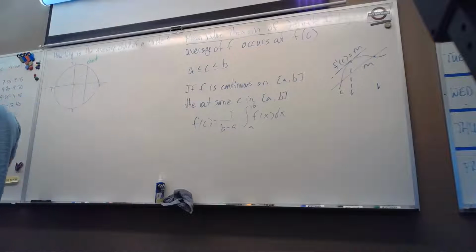You might have seen the word chord before in geometry, depending on how far you got in your geometry class and who taught you. But a chord of a circle is just a line that runs from one point on the edge of the circle to another point on the edge of the circle. So it's a line segment that cuts through a circle.